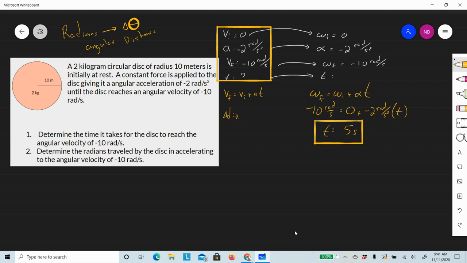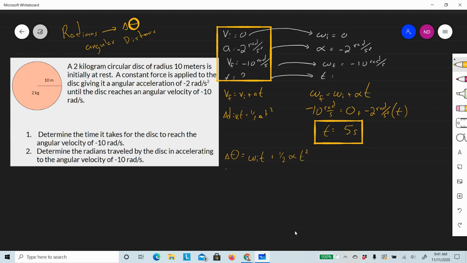Delta d equals VI t plus 1/2 a t squared is what you're so familiar with. But now that would become, changing to angular distance, delta theta equals omega initial times the time plus 1/2 the angular acceleration times the time squared.